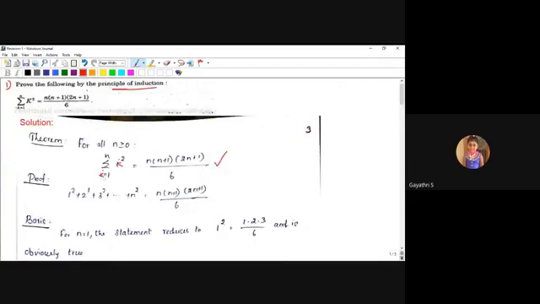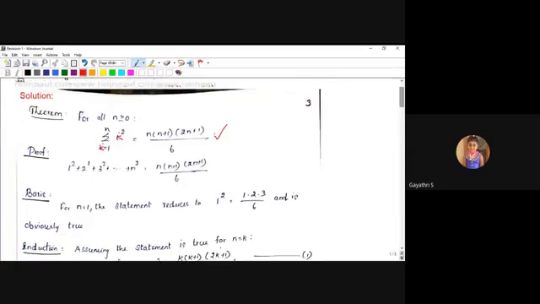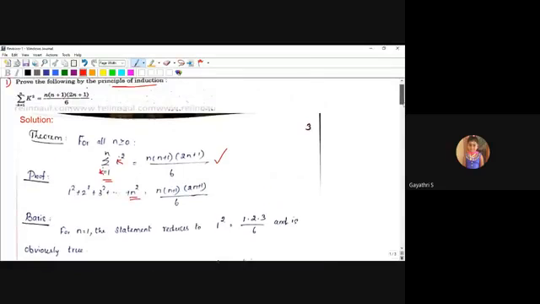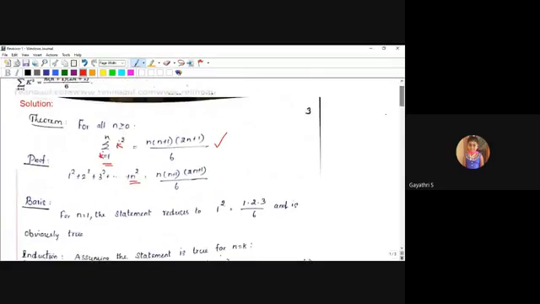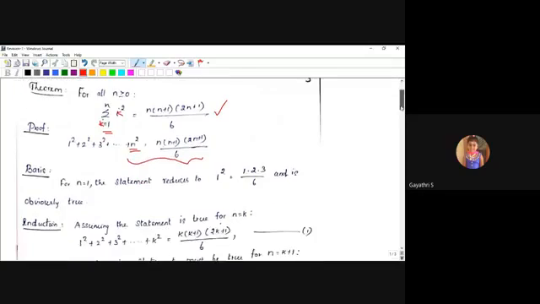What is the meaning of this? This means 1 square plus 2 square plus 3 square up to n square, or the sum of k square equals n(n+1)(2n+1)/6. I want to prove this based on the concept of basis as well as induction.